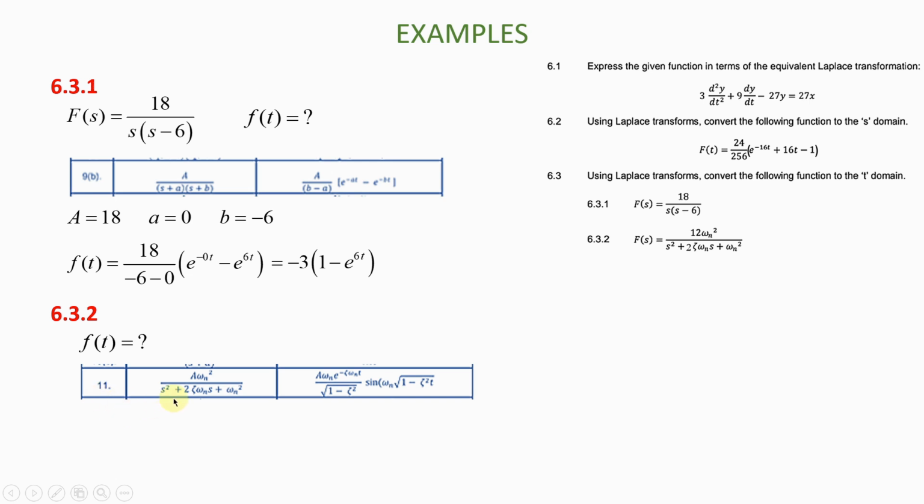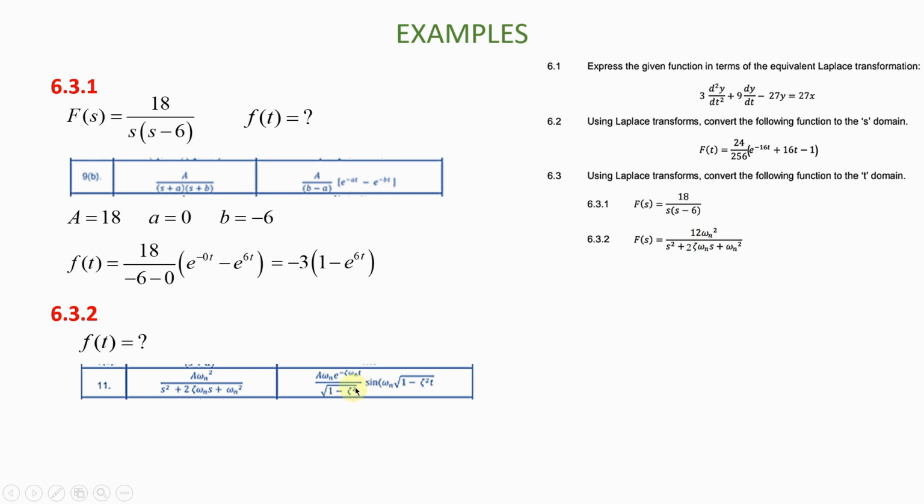In row 11, if you look at this, you will see that this closely resembles that, okay? And so this here is the S domain, and so the function that corresponds to that in the T domain is this function here, okay? And so the only thing that we need to establish here is A. What is the value of capital A? So if you look at this here, it's quite easy to see that capital A is actually 12, okay?